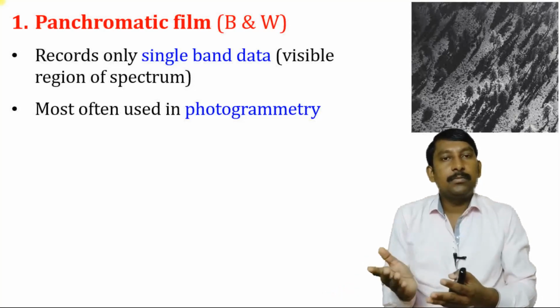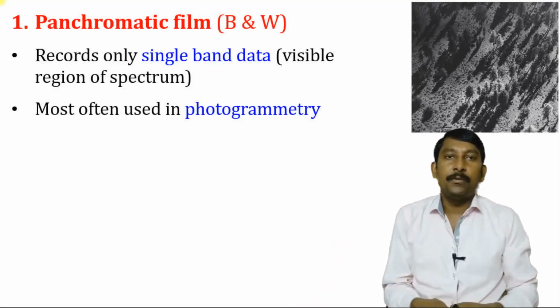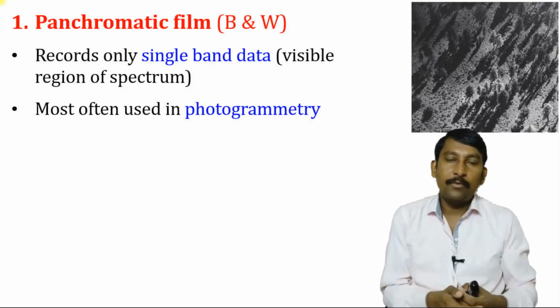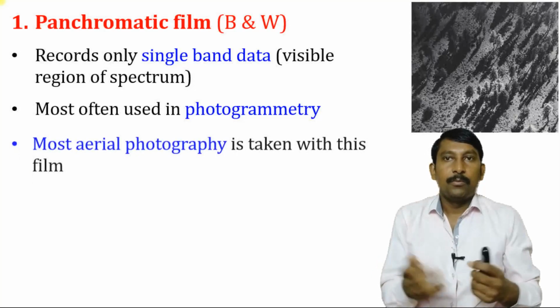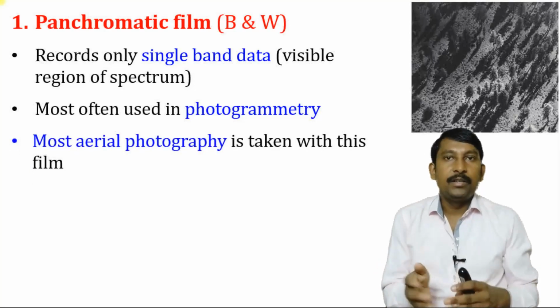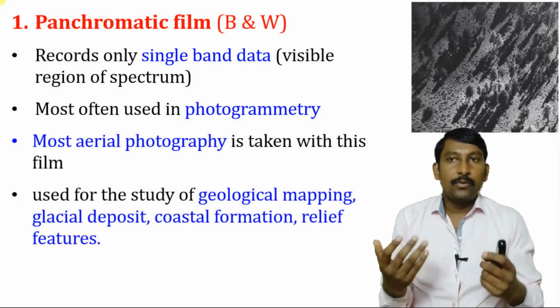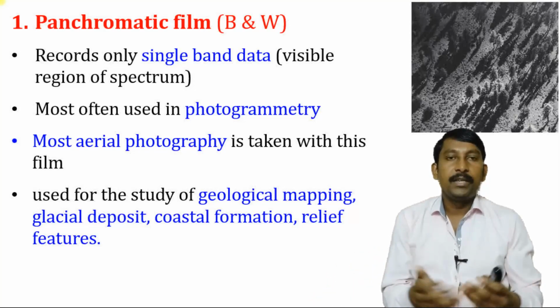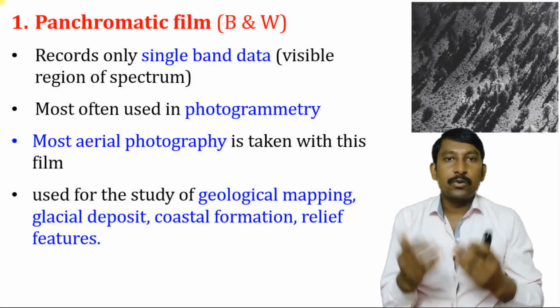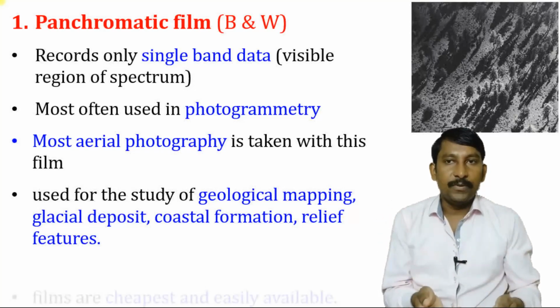In the historical period of aerial photography, panchromatic or black and white films were more popular and mostly used. Most aerial photographs are taken with this film, used for the study of geological mapping, glacial deposits, coastal formations, and relief features.